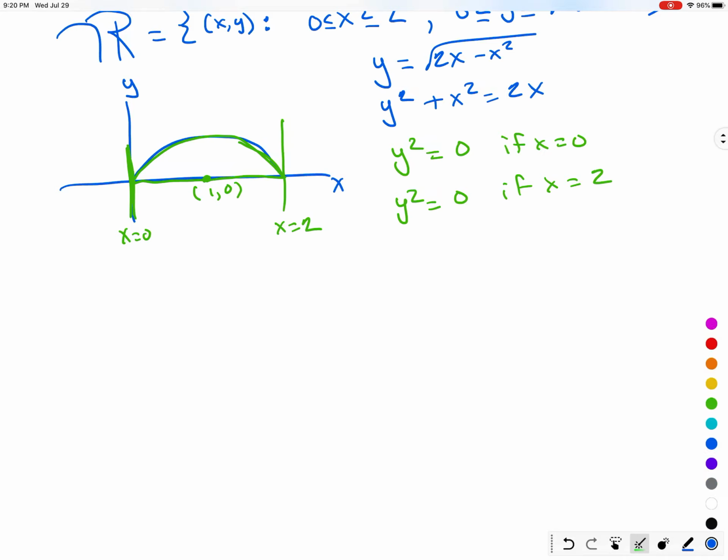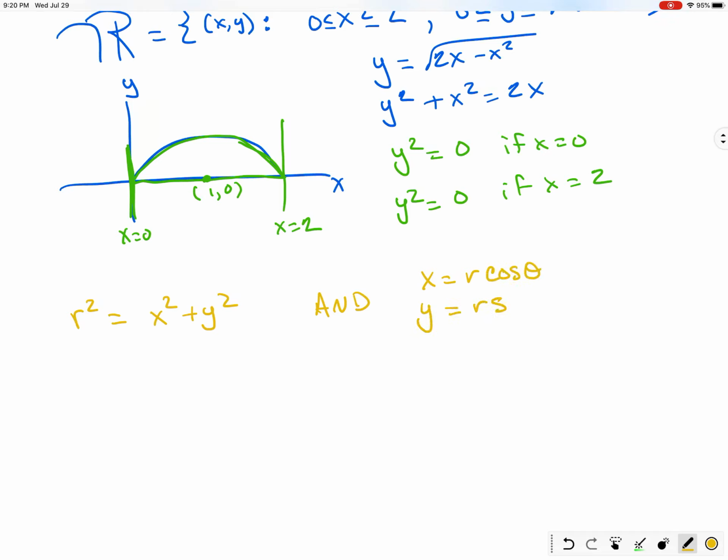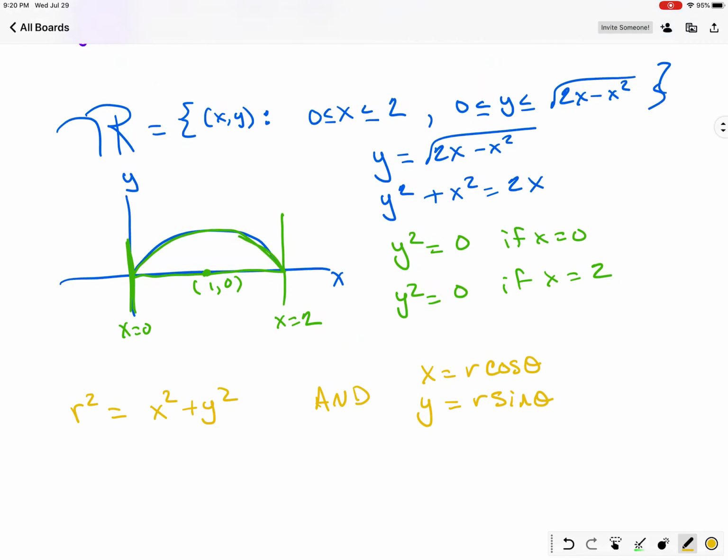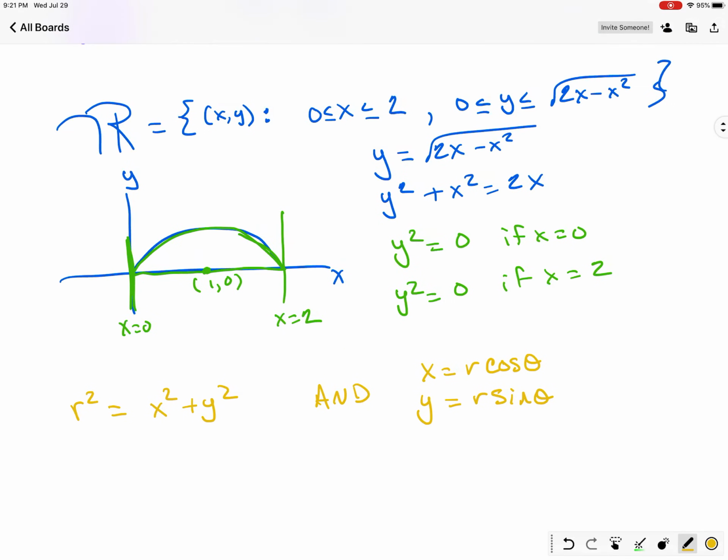Okay, so we're converting this to polar coordinates. With polar coordinates, what we have to remember is r squared is equal to x squared plus y squared, and that x is equal to r times the cosine of theta, and y is equal to r times the sine of theta.